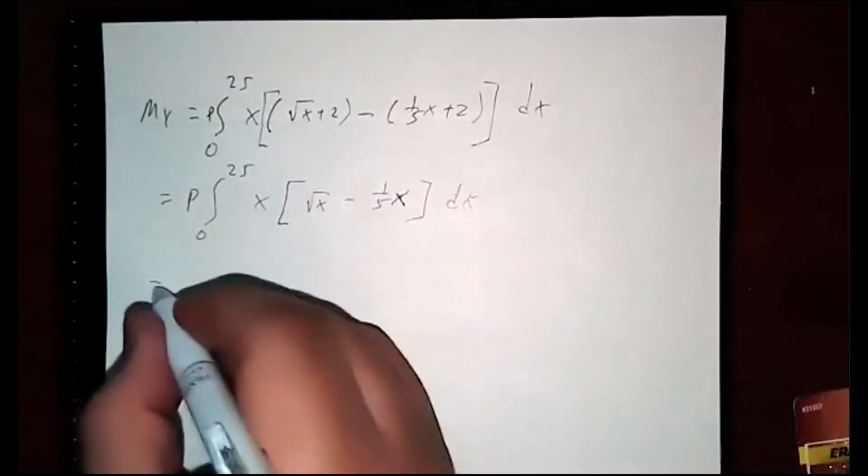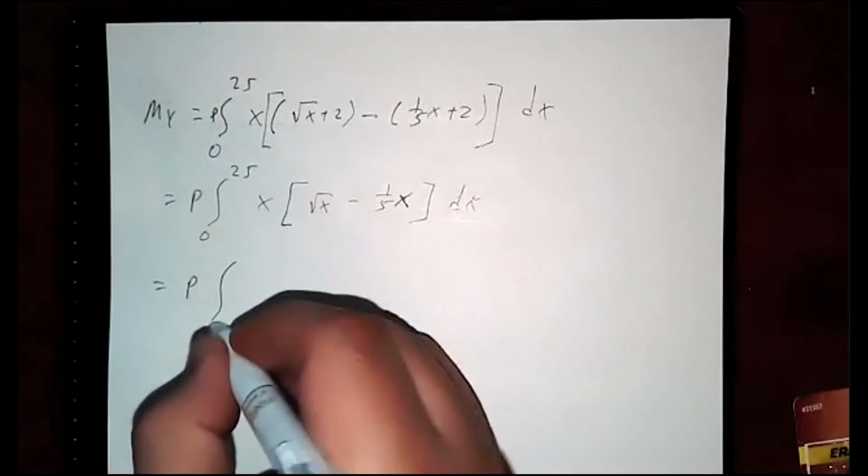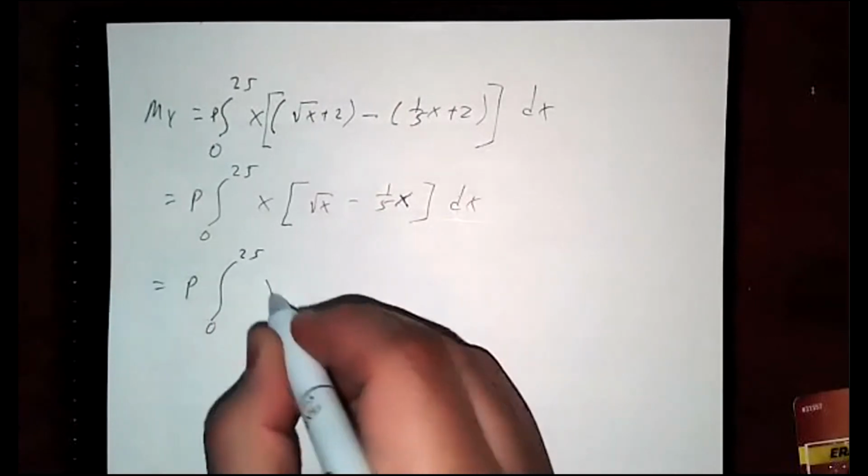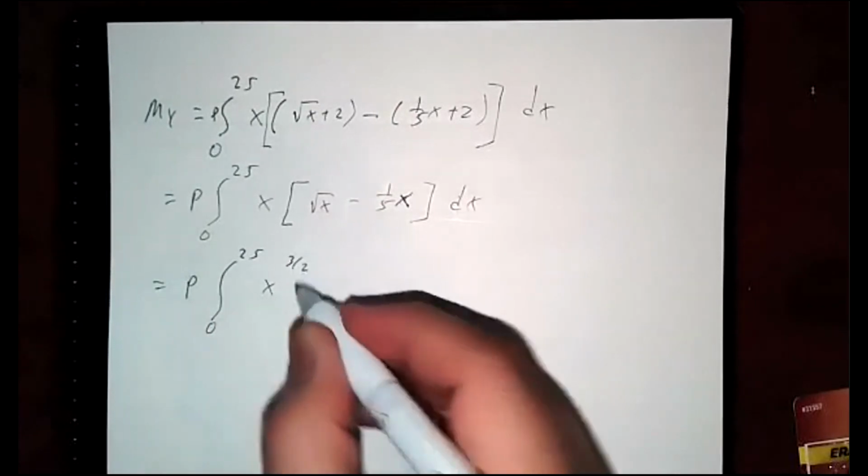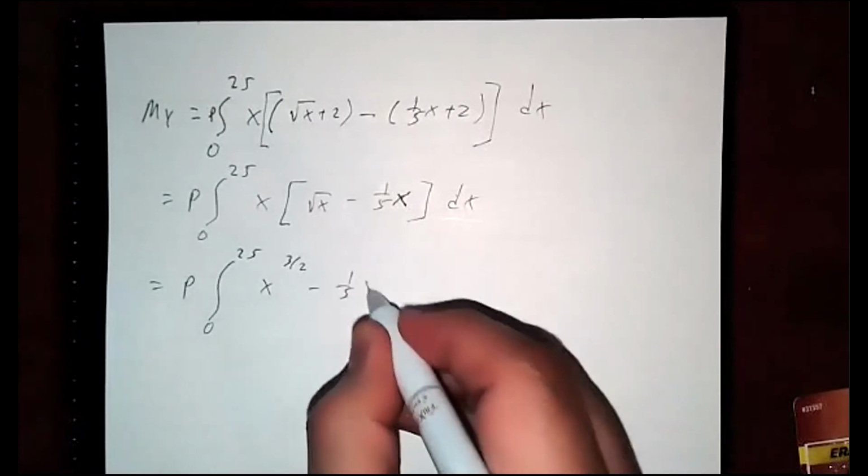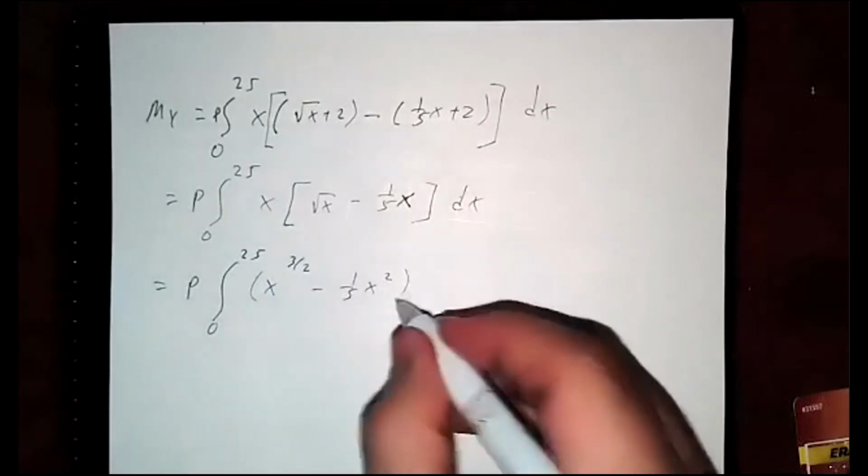Okay, so multiply that x in there. So it'll be x to the 3/2 minus 1/5 x squared dx.